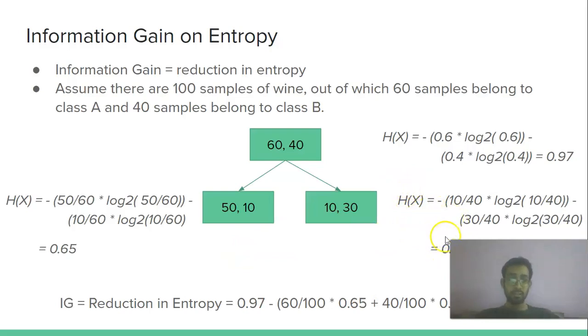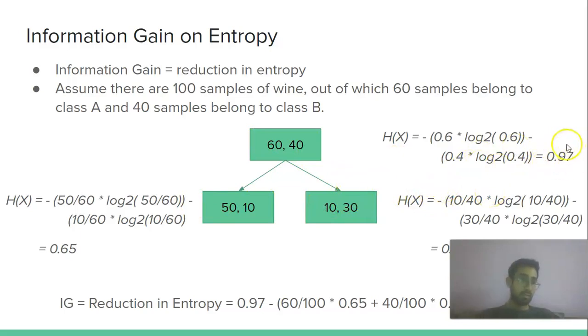So the information gain, IG, is the reduction in entropy from this level to this level. As it's a binary tree, it will only split each node into 2. You remember that.